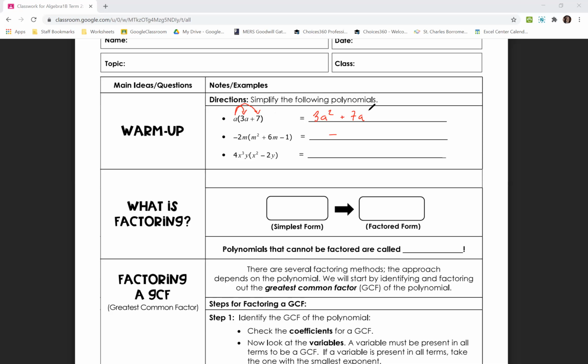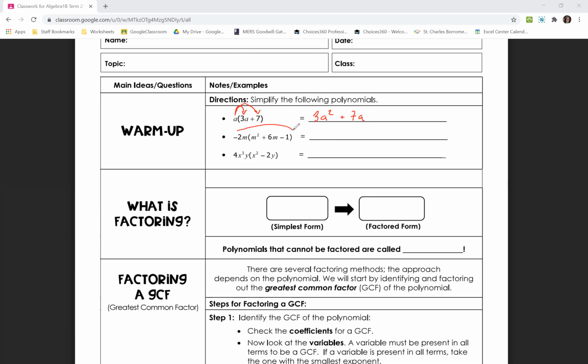We've normally taken a value written as a multiplication problem and rewritten it so that it doesn't have parentheses. What we're going to end up doing today after our warm-up is going the opposite way, taking the simplified form and rewriting it into the factored form.